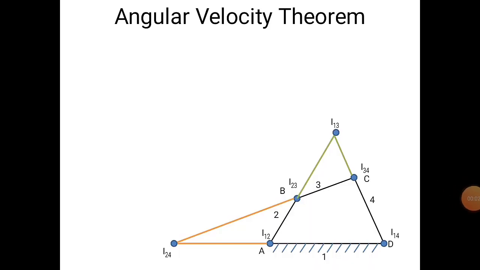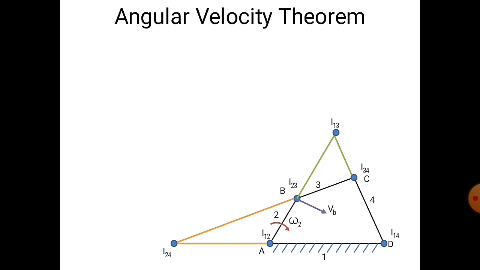The next important topic is the angular velocity theorem. So for this we are going to consider the linear velocity of point B. If link number 2 is considered to be rotating in clockwise direction with angular velocity omega 2, then the velocity of point B will be perpendicular to AB in the direction of rotation as shown.